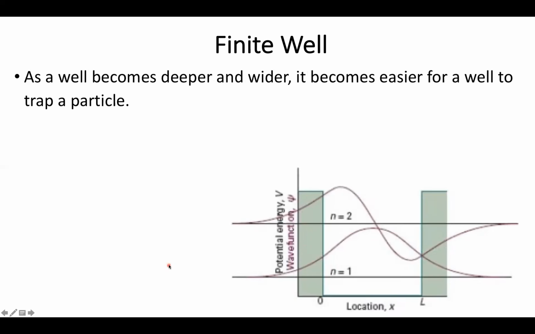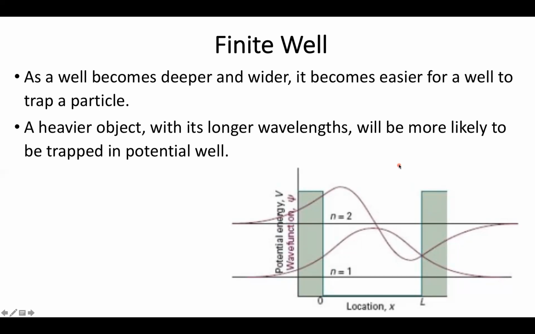However, it is worth noting that as a well does become deeper, essentially that potential wall gets higher and higher, it's going to become much easier for the well to trap a particle. Because you can imagine a very shallow well can maybe have one energy level. As it gets higher, I can maybe expect 2 or 3. We eventually get to the point where the energy of the next state is essentially outside the well.